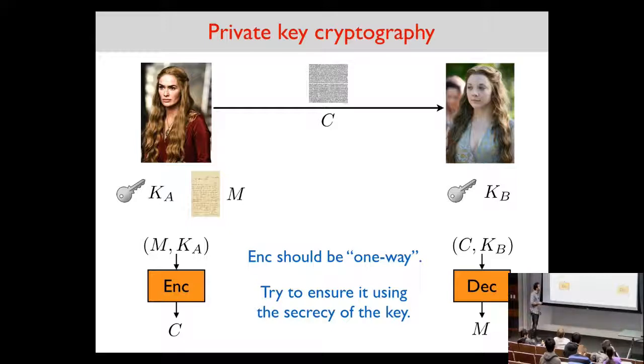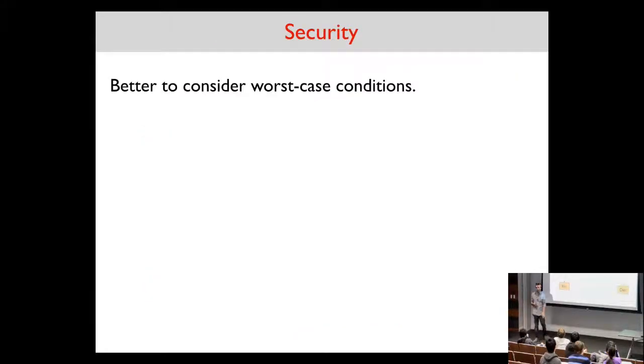So that's your advantage over the adversary. While the key is hopefully secret, the adversary doesn't know the key, and that allows me to make this encryption in some sense one way. He won't be able to go back because he doesn't know the key.